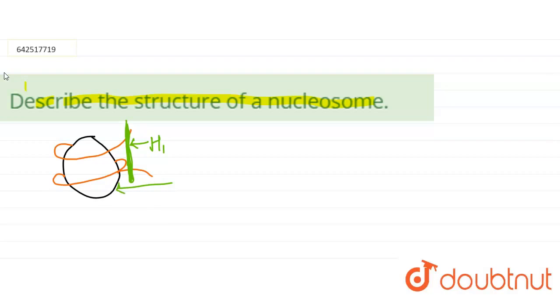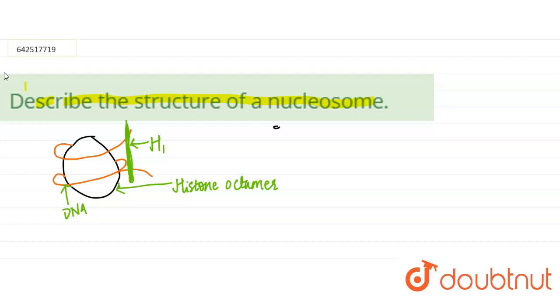This you can say is the histone octamer, in which you have various histones. Then this one is our DNA, okay. Now the basic structure of a nucleosome.